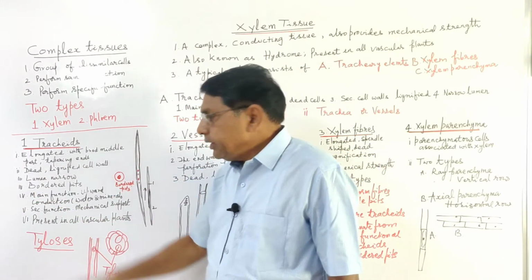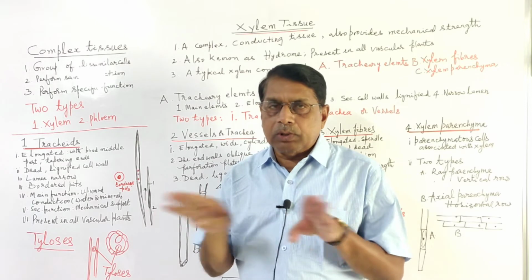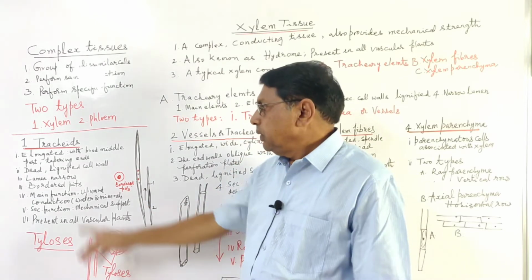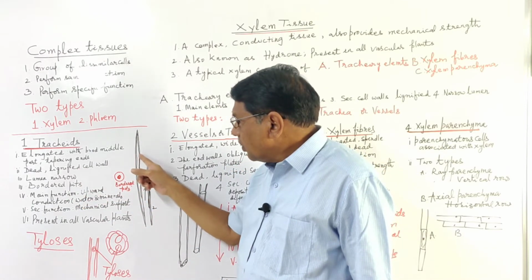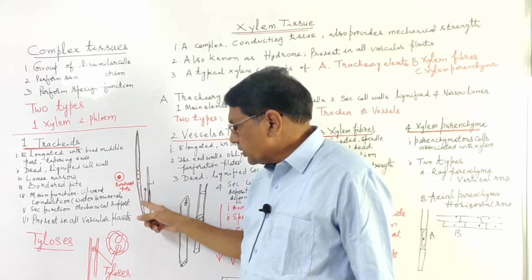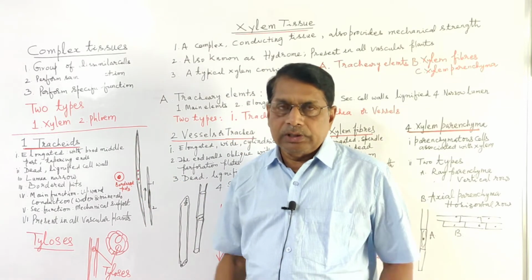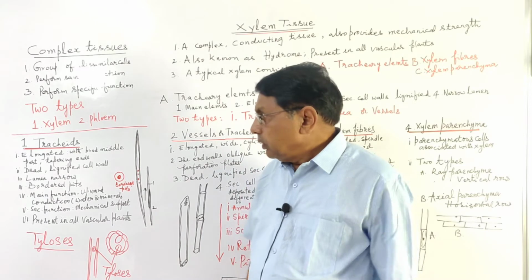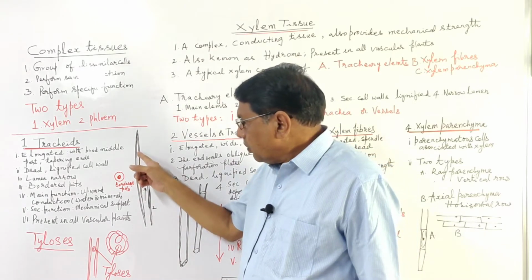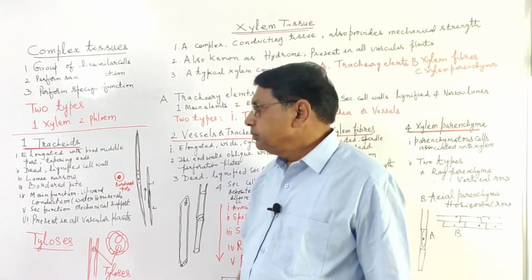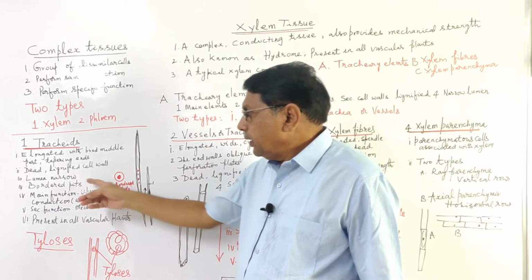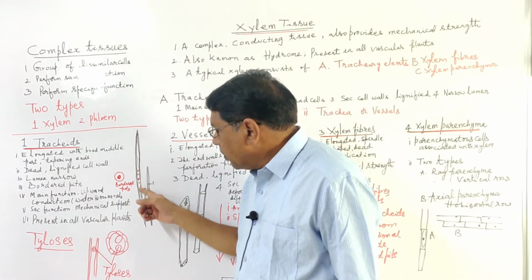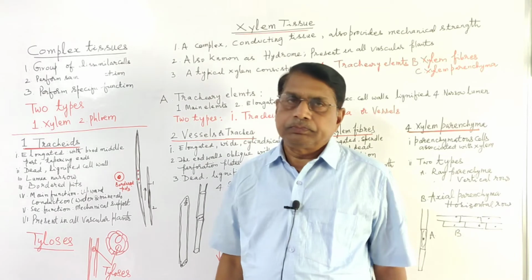They are dead, no cytoplasm, no nucleus, lignified cell wall. The secondary cell wall is lignified. Lumen narrow, this is the lumen. Then they consist of bordered pits.